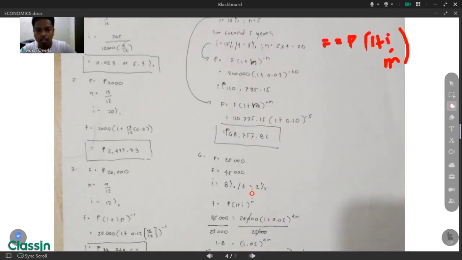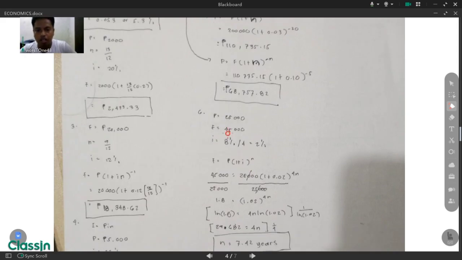For item number 6, we have present worth, which is 25,000 pesos, future worth of 45,000 pesos, which is our goal, and the interest rate of 8%. Dividing it by 4, since our mode of compounding is quarterly, we have 4 as our divisor.